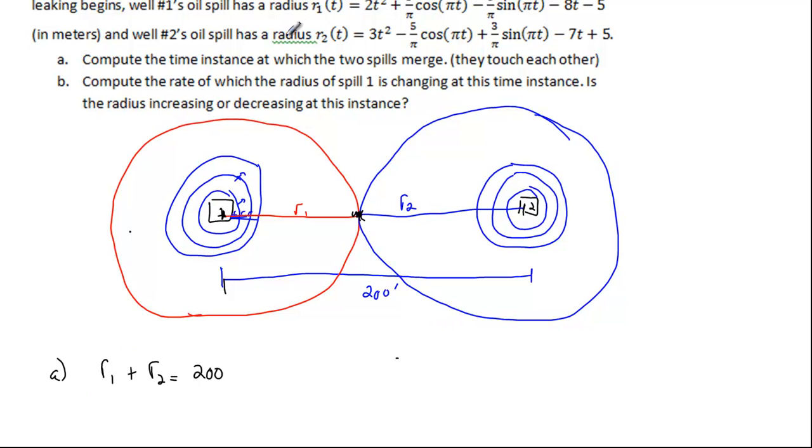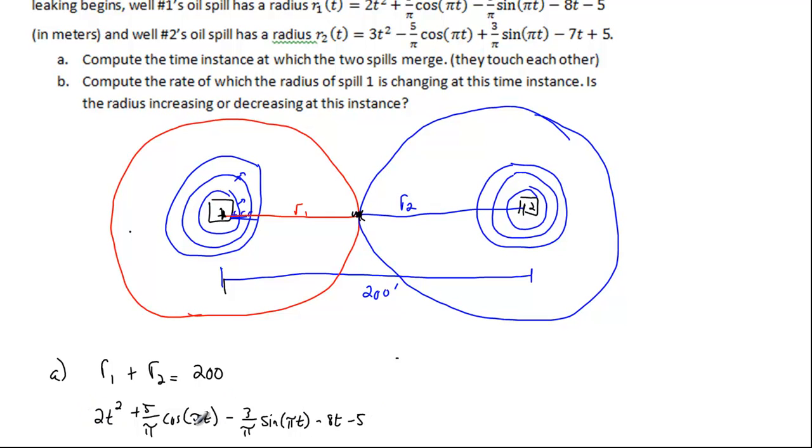So we're just going to plug in. R1 in terms of t is equal to 2t squared plus 5 over pi cosine of pi t minus 3 over pi sine of pi t minus 8t minus 5, which is our value of R1.